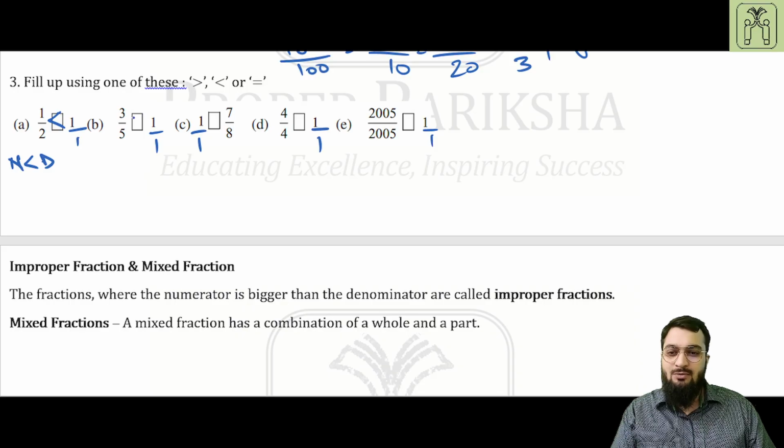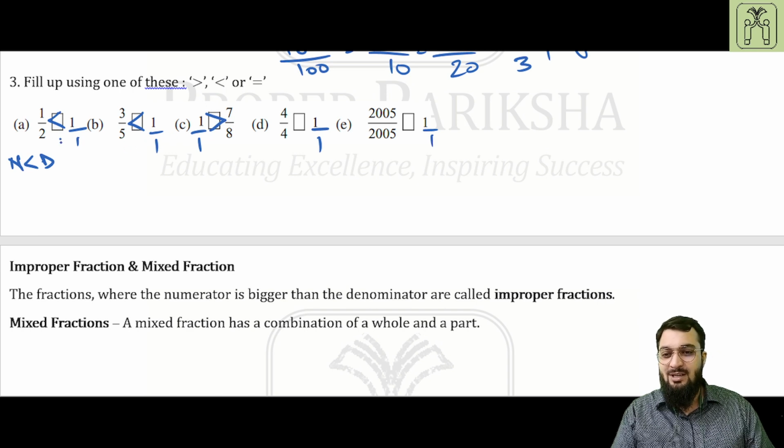3 upon 5, the numerator is less than the denominator, so it will be less than 1. 7 upon 8, numerator less than denominator, will be less than 1. You see that since 7 upon 8 is less than 1, but since it is written on the right side, the sign which is to be taken has been reversed.